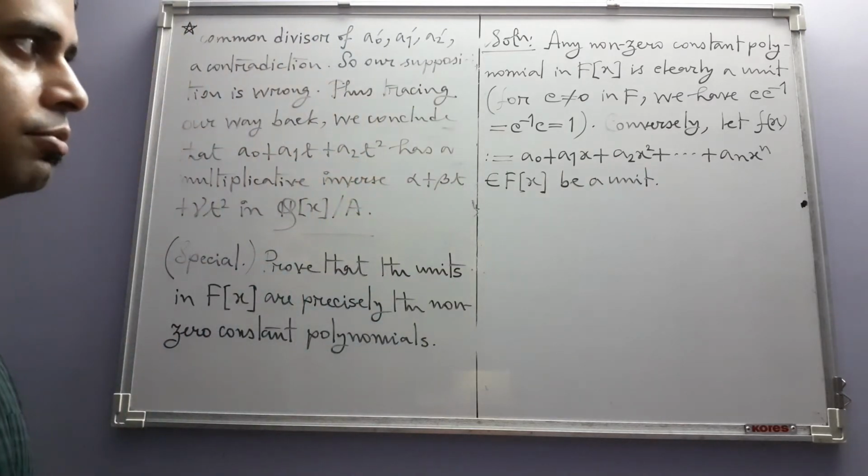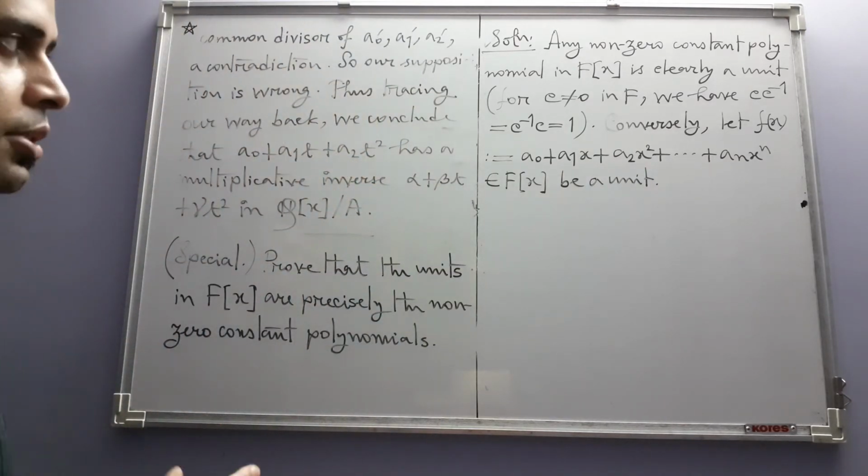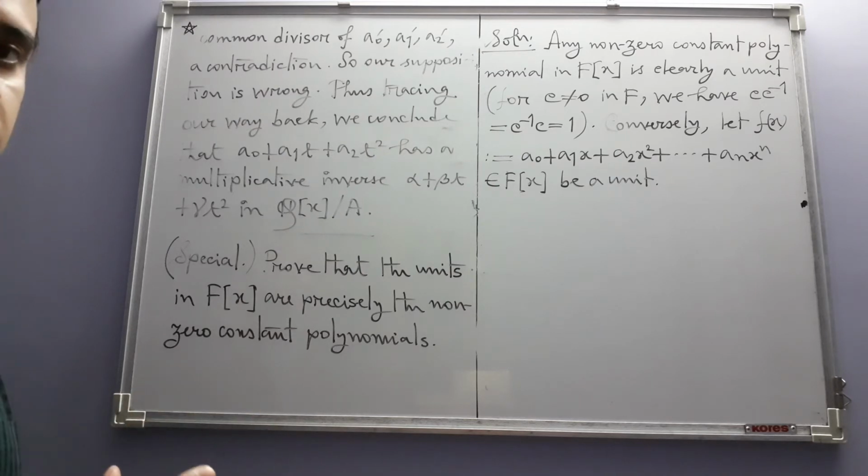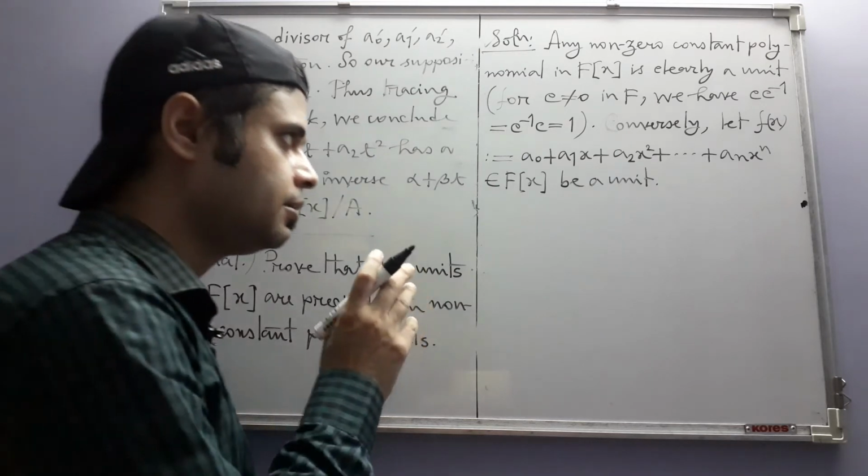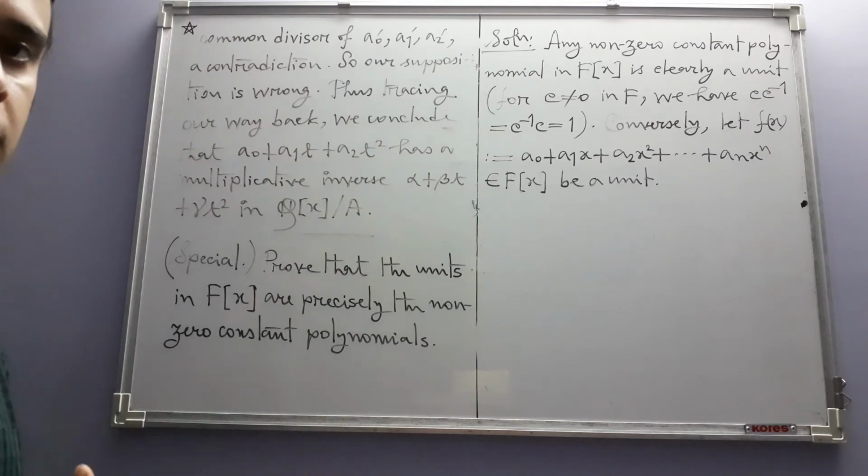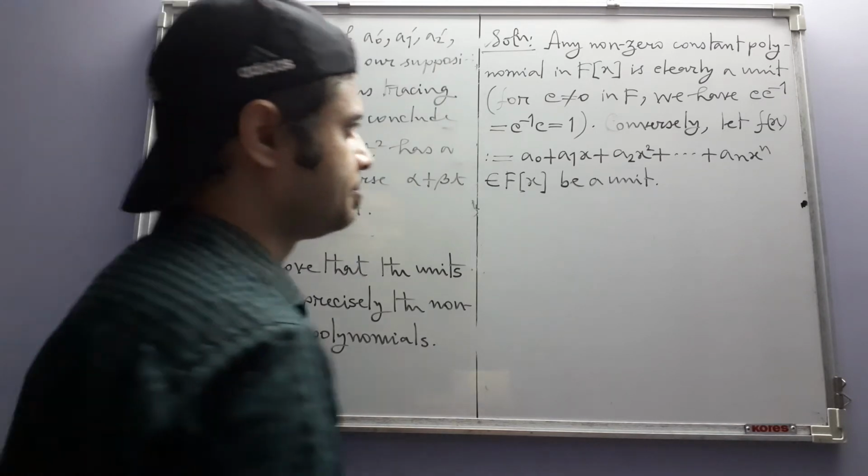We have to prove, so this is a general polynomial which we are assuming to be a unit in F[x]. We need to prove that this is a non-zero constant polynomial.